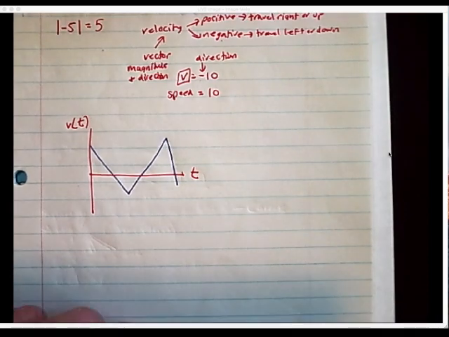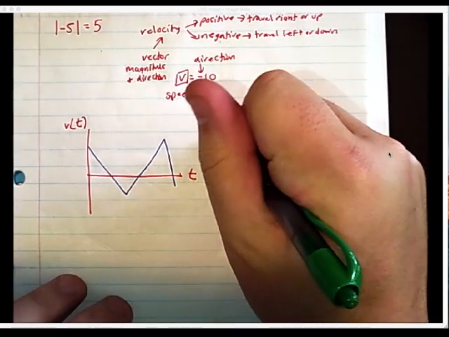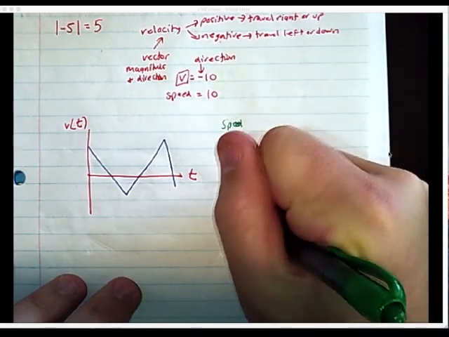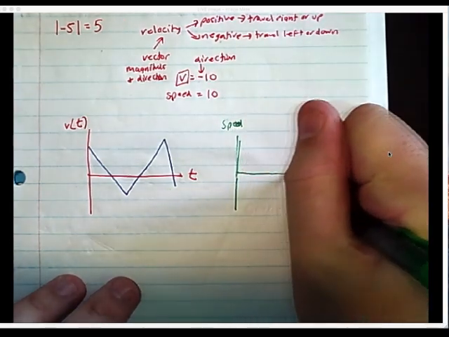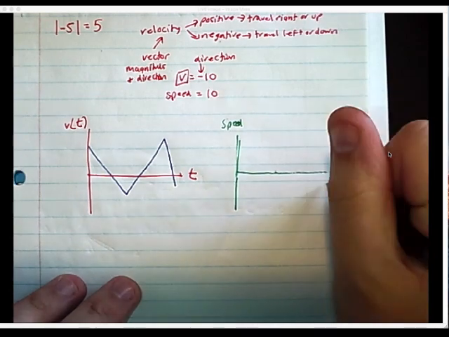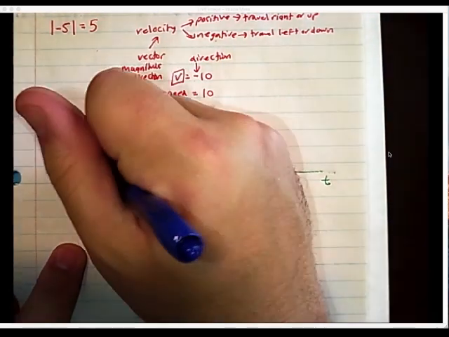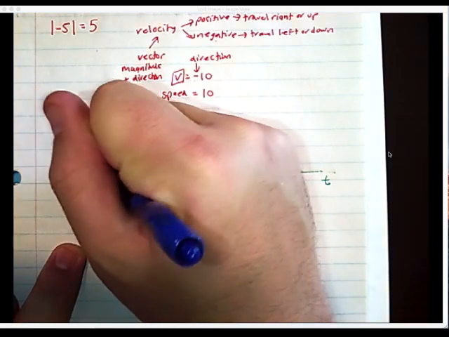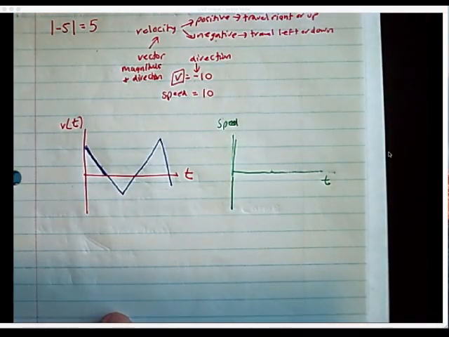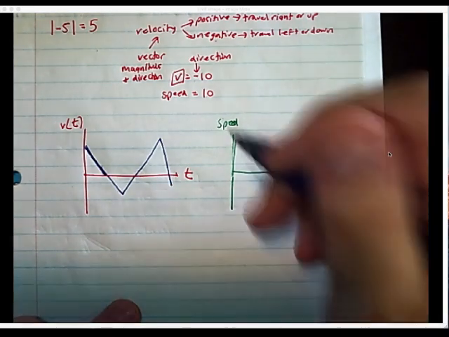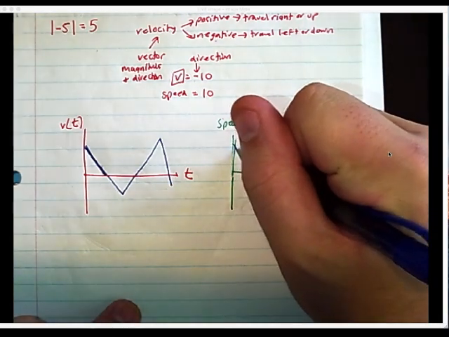Well, if we did the same graph here, but called it a speed time graph, over this portion of the graph the velocity is already positive because it's above the x-axis, or the time axis. So that part stays the same over here.